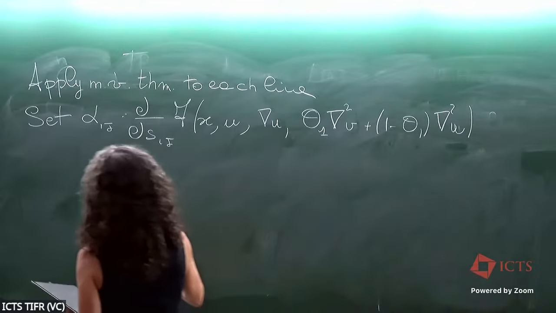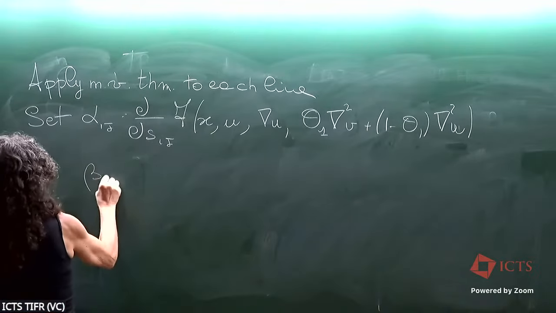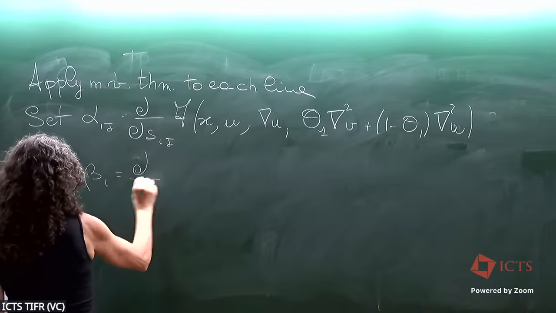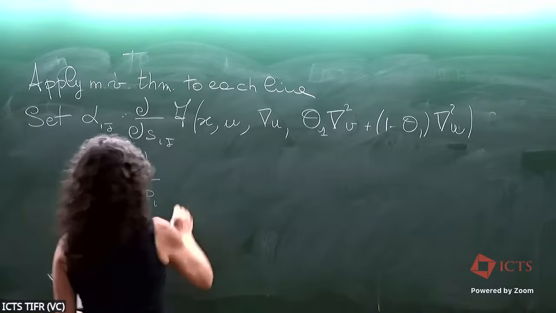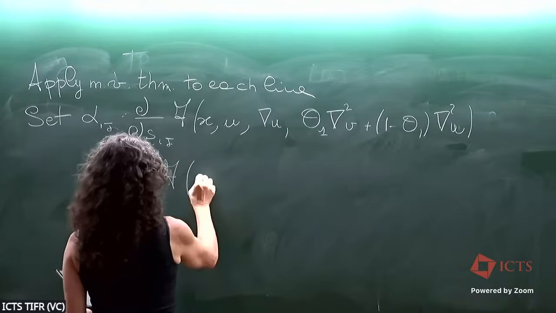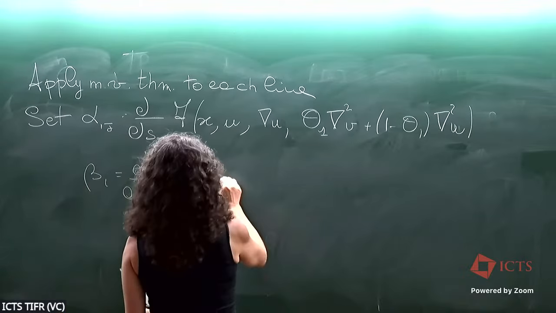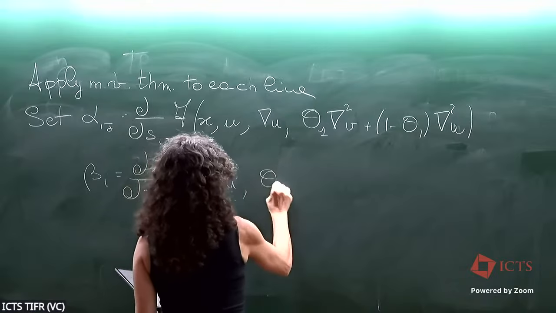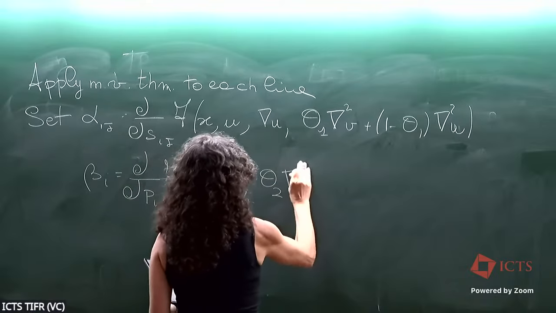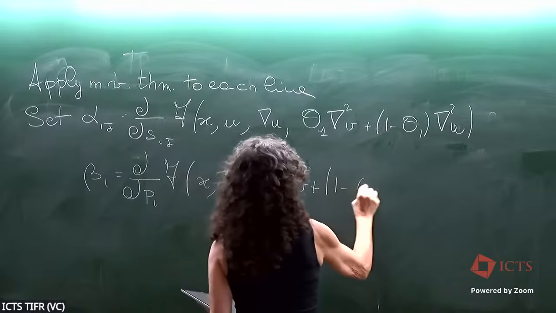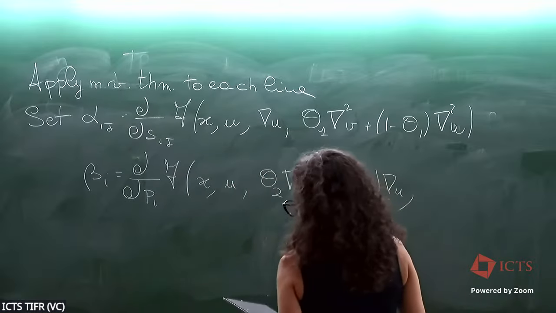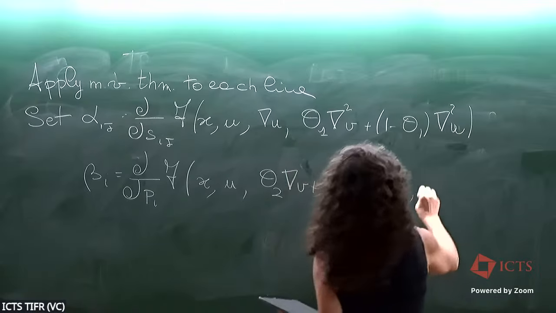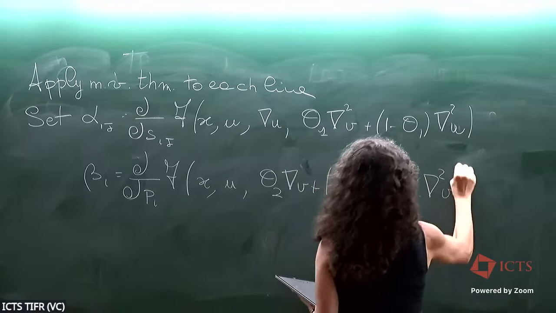And beta_i is the derivative with respect to p_i of F at (x, u, theta 2 gradient v plus 1 minus theta 2 gradient u, Hessian of v).